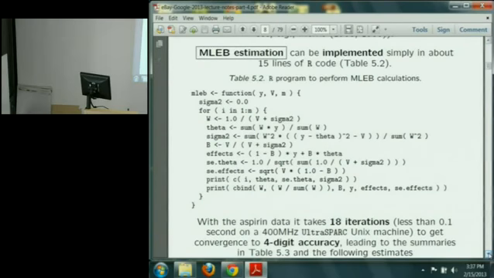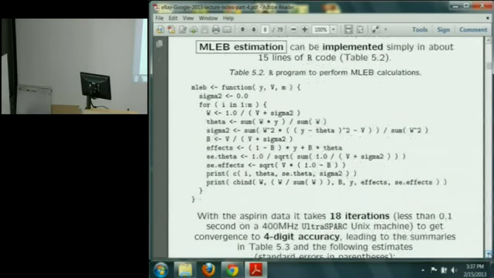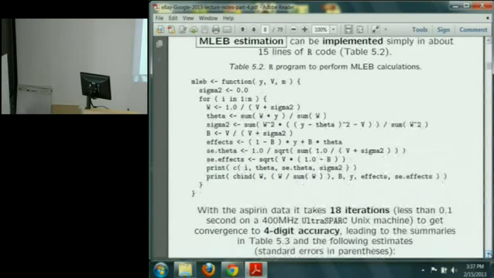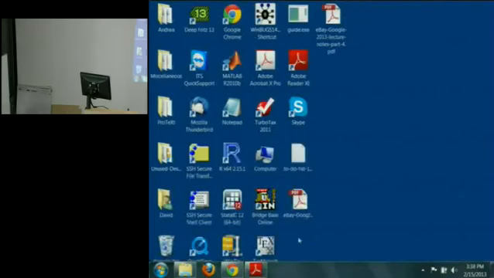I could have fancified this by making it stop only when it's converged, for example, when the difference between the mu hat this time and the mu hat last time is smaller than some specified number. But it takes only 18 iterations to get convergence to 4-digit accuracy. And I put this program on the web page for the course.